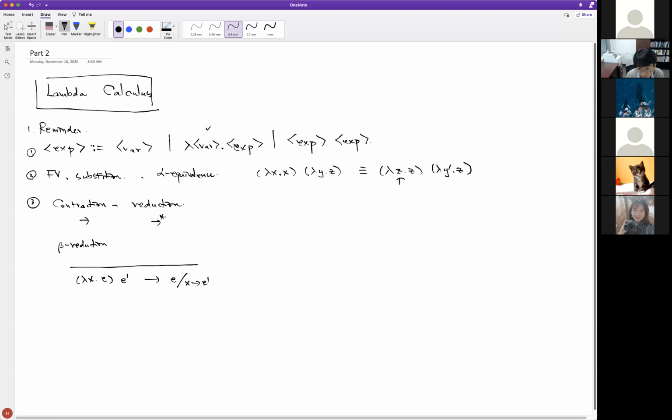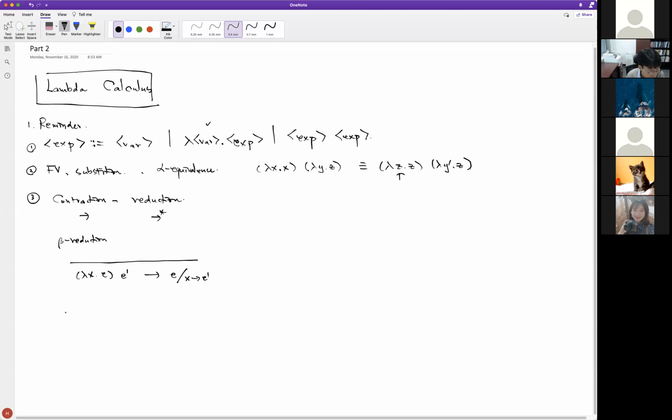And then there were two more things. One is called alpha equivalence, actually called renaming.